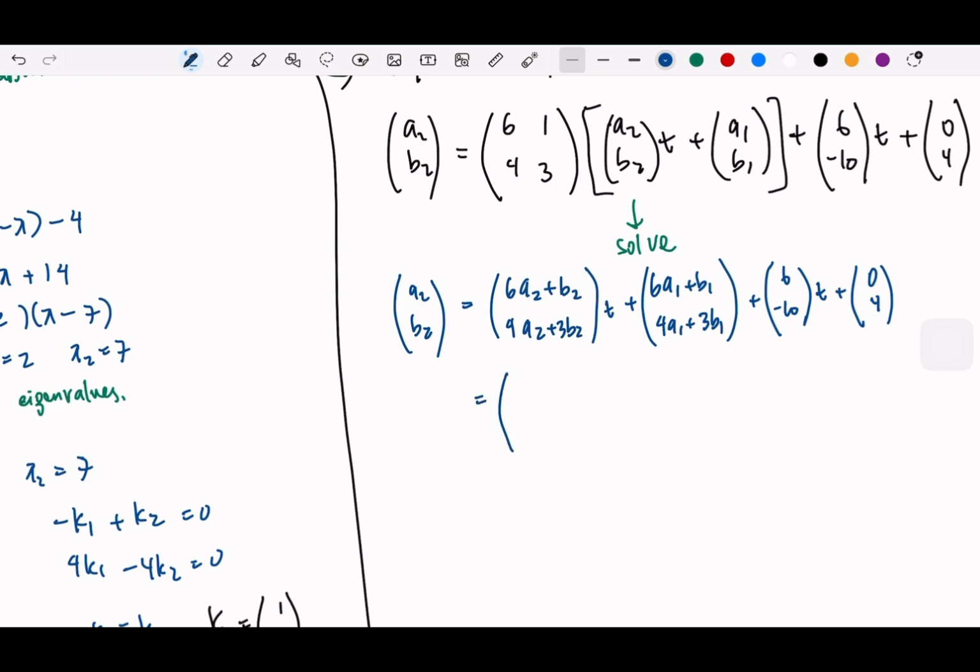So this will be 6a2 plus b2 plus 6, 4a2 plus 3b2 minus 10, right?